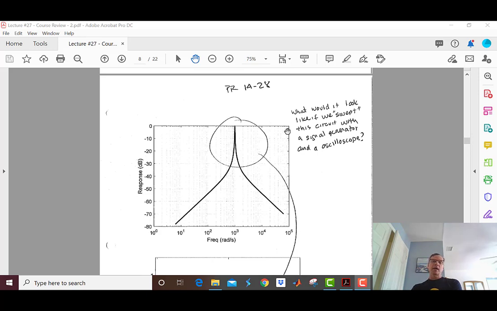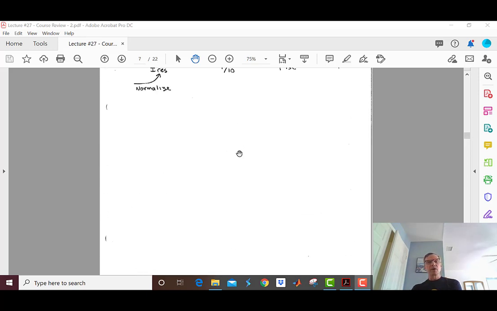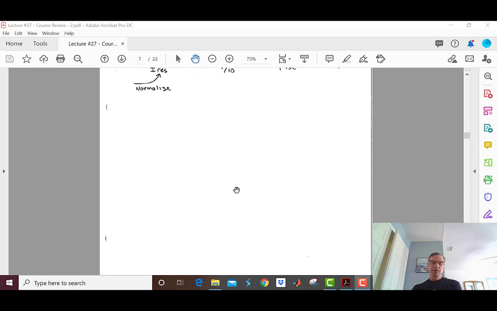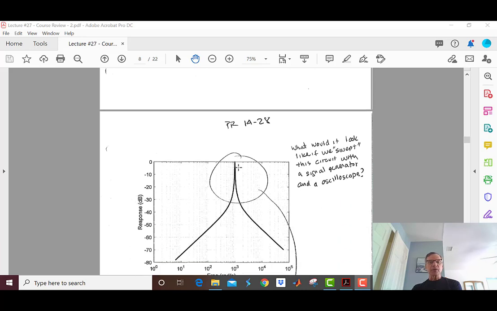Remember, I'm looking at the current in the circuit divided by the current at resonance. So at the resonant frequency, of course, that comes to 0 dB. What's happening down here? Down here at low frequency, the current is very low because the inductor has such a high impedance and it's limiting the current flow.